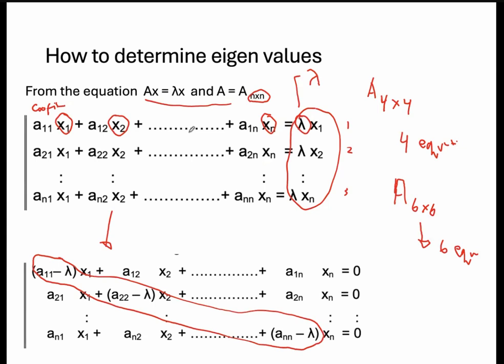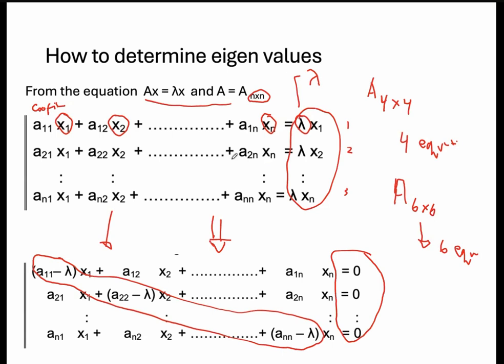From this equation, we convert to this equation. From the first form, we know that the right hand side has the eigenvalue multiplied with variable x, and then we convert so that the right hand side has value 0.